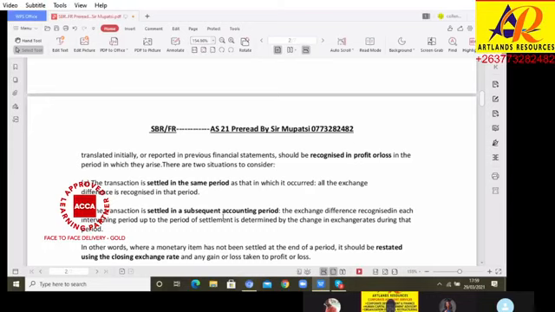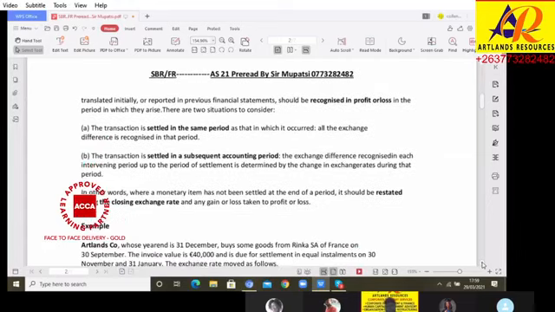And if there is a difference, we recognize that in profit or loss. So we are told that the exchange difference recognized in each intervening period up to the settlement is determined by the change in exchange rates during that period. In other words, if it's a monetary item which has not been settled, or which has not been received or paid at the year end, it should be restated using the closing rate, and any gain or loss, meaning exchange gain or loss, we then take it to profit or loss.